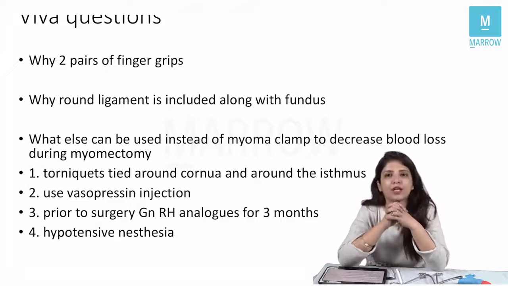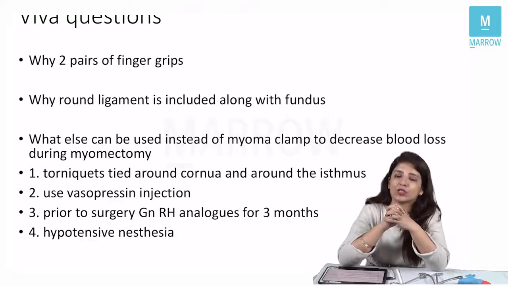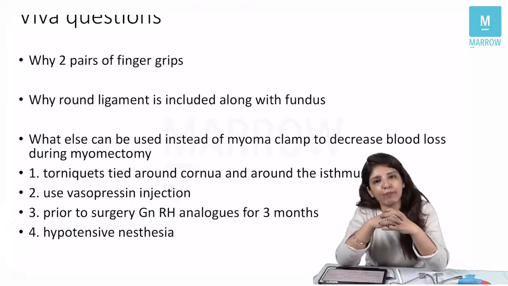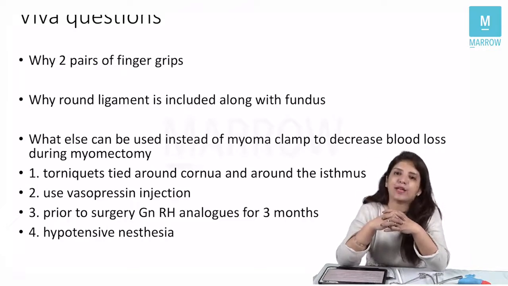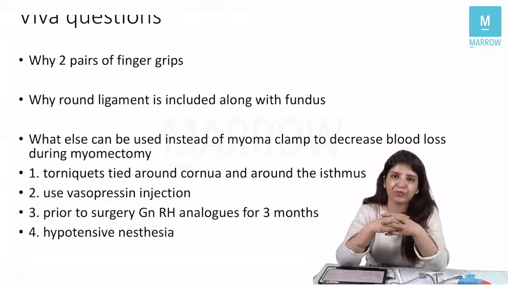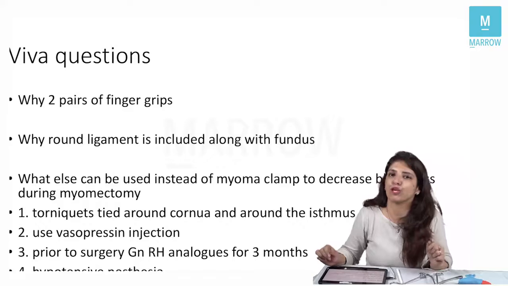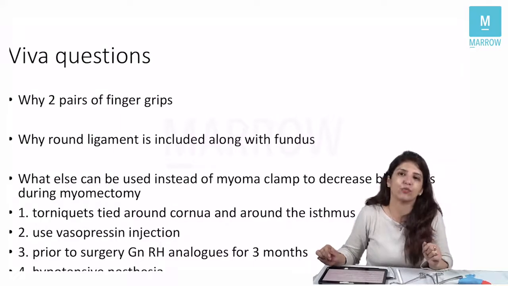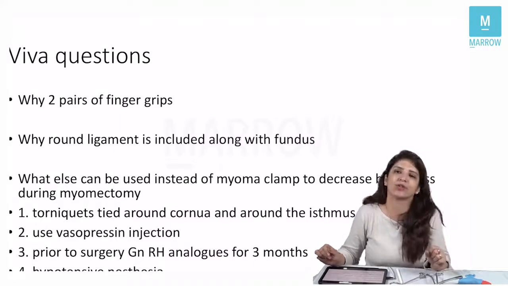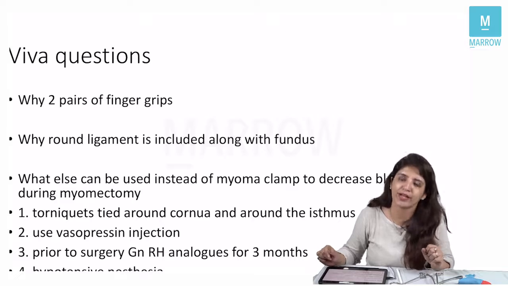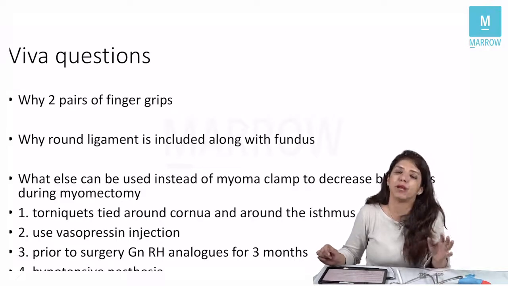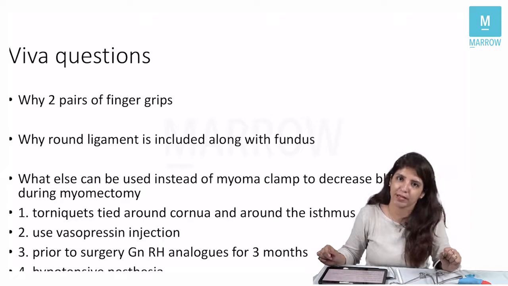Number one. Number two, you can inject vasopressin inside the fibroid. That is a vasoconstrictive agent, so that can decrease blood loss. Number three, you can give hypotensive anesthesia. And number four, before surgery, right, you can use GnRH analogs. So for 3 months, you can use GnRH analogs, and that will decrease the size of the fibroid and the vascularity of the fibroid. And all this will help in decreasing blood loss during myomectomy.